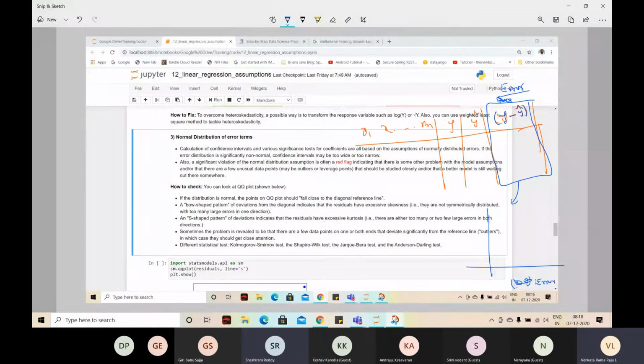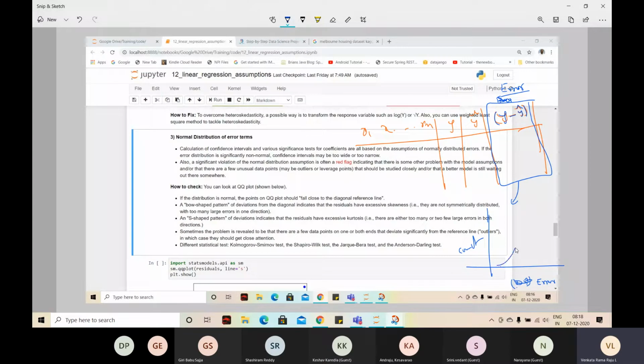So error is going to be on the x-axis, and what is on the y-axis if I am doing a histogram? Counts. Yes. We are trying to check whether this particular column is normally distributed or not. To do that, you take the error term and then counts on the y-axis.